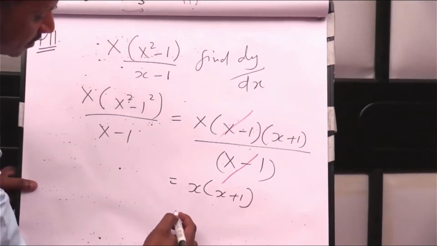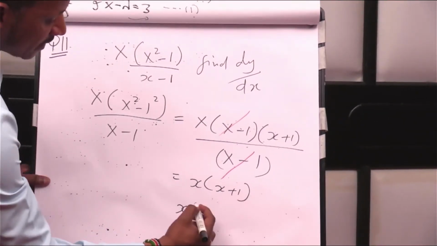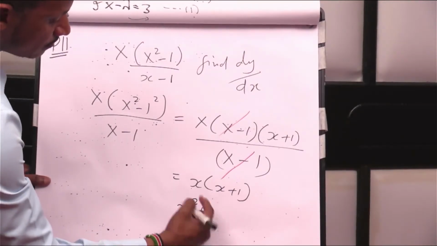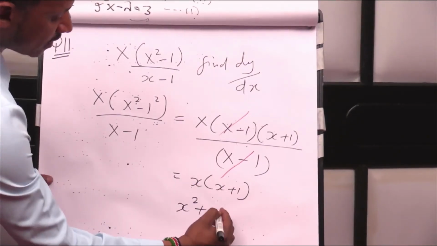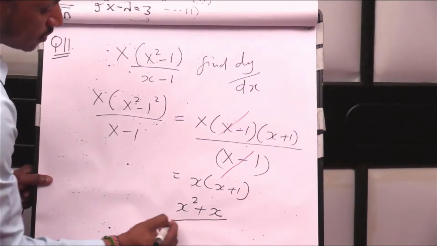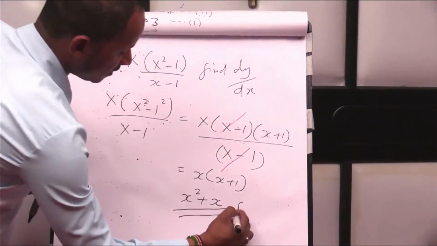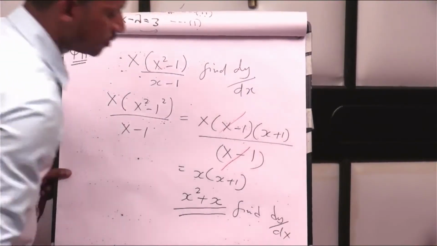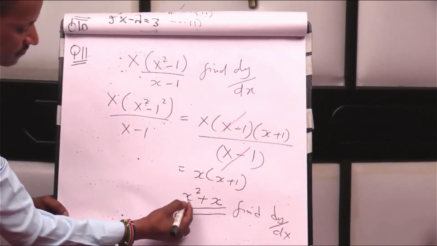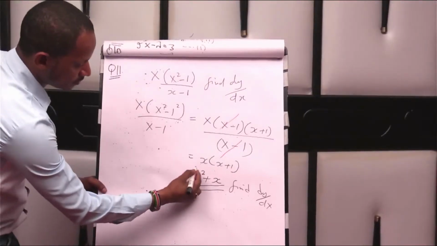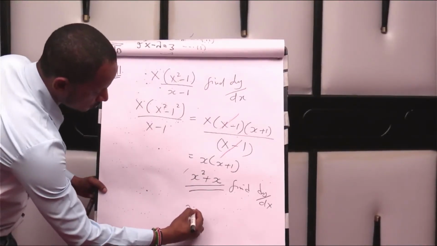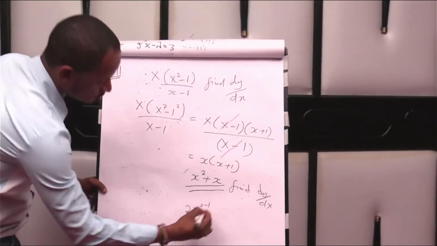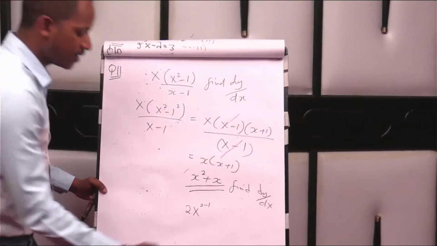Then open the bracket: x times x is x squared, plus x times 1 is x. So what you have here, you find dy dx. You are told to differentiate. When you differentiate x squared, you bring 2 down, 2 into x, then 2 minus 1, subtract the power by 1.